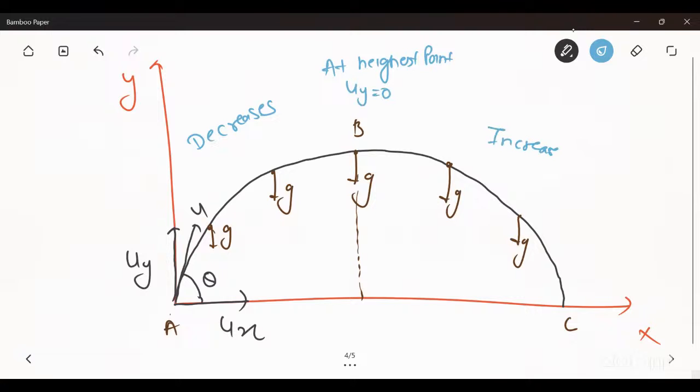So that's why it is variable. The vertical velocity became 0 at point B, and from B to C it increases.